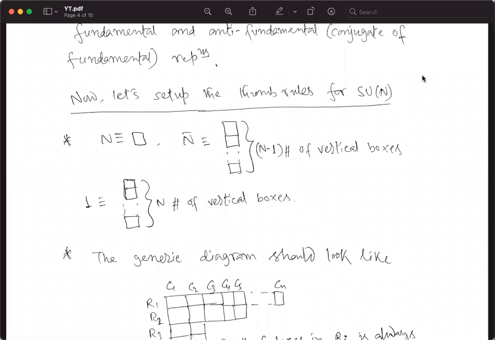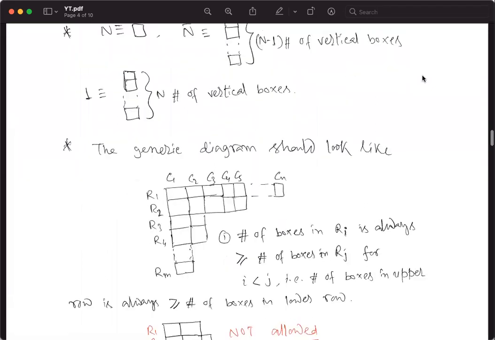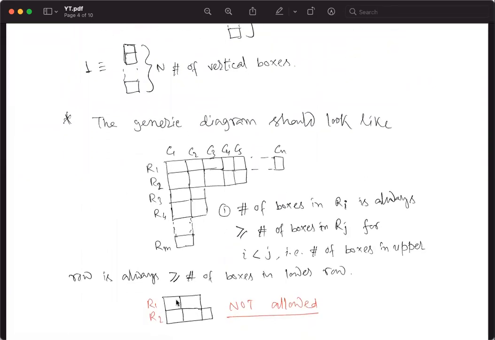Okay. So now let's say we have this generic diagram which should look like this. I identify these as the columns C1, C2, C3, and so on.